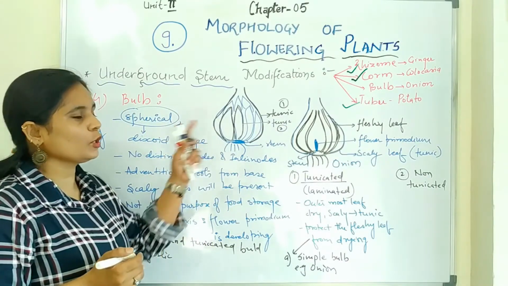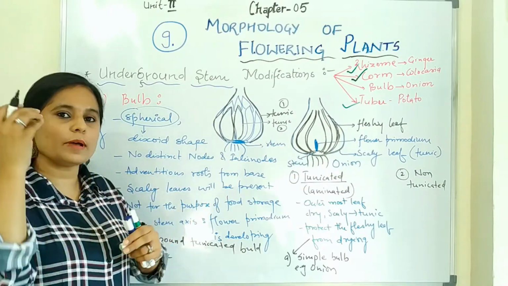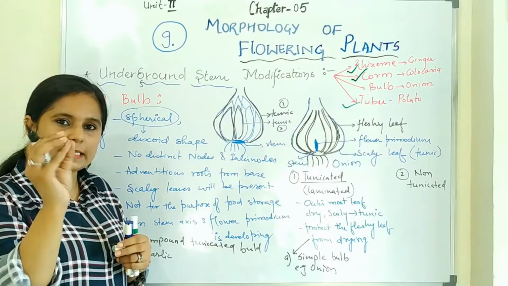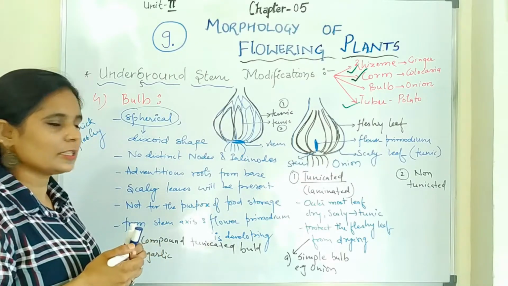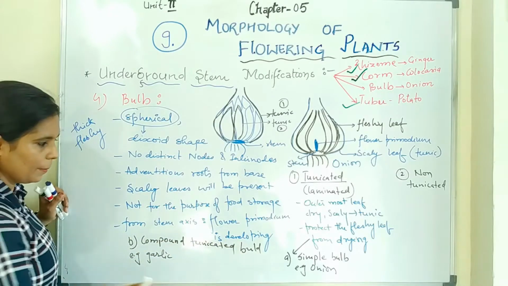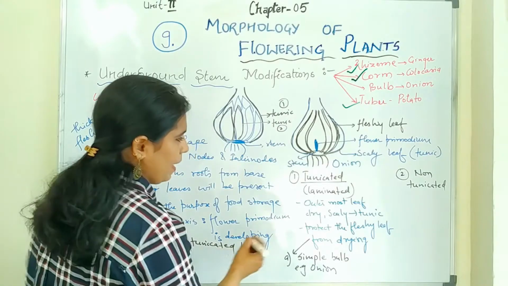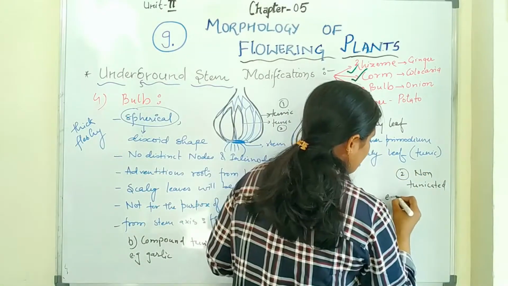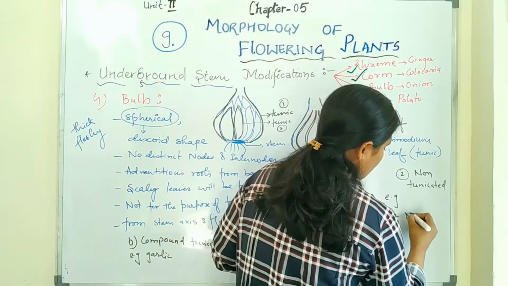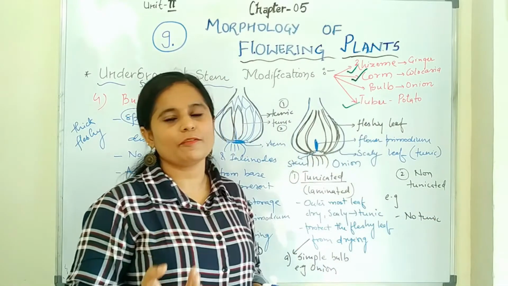So as there are two tunics, covering the bulb and also personally these cloves, such kind of bulb is known as compound tunicated bulb. And non-tunicated means no tunic present. So if tunic is not present, they will obviously be very delicate.